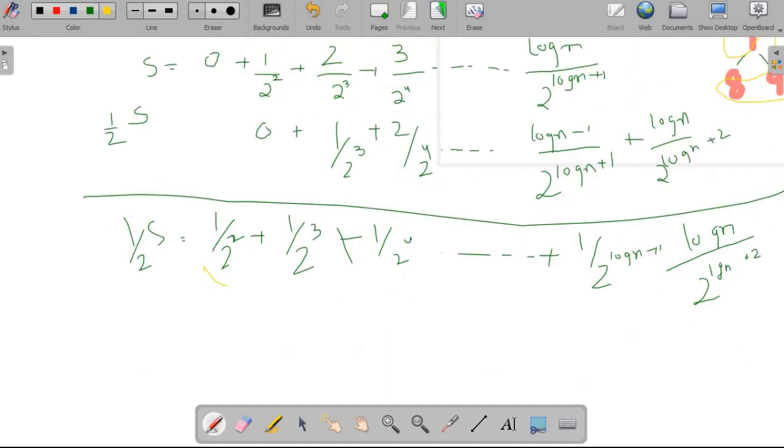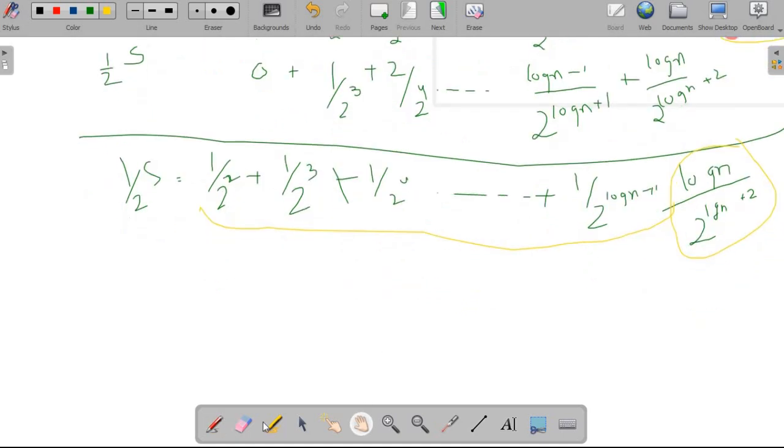Now over here we can see that this part is a simple GP series, and only this part has to be taken care of. Using the formula for the summation of the GP series, we'll get 1 upon 2 to the power 2, which is the first term, then 1 minus 1 upon 2 to the power log n, which are the total number of terms in my GP series, and this whole will be divided by 1 minus 1 by 2.